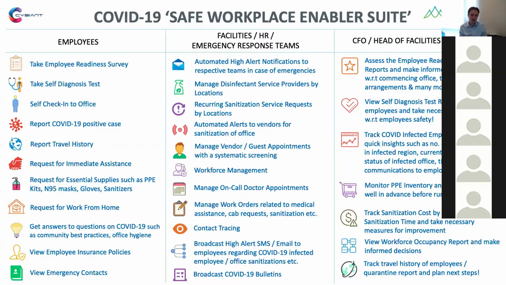Think about notifications through email, but we can even send out digital text, SMS messages to inform people that there might be a new case. All of these are aspects that need to be dealt with through facilities, HR, or even emergency response teams. And all of these are process driven. So they are prone to automation and they can be executed in an automated fashion.